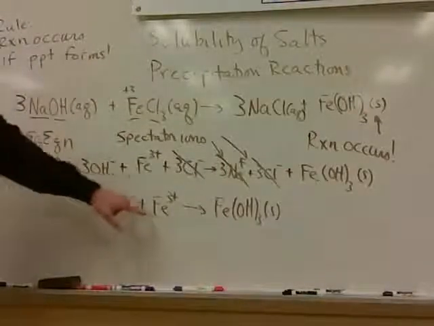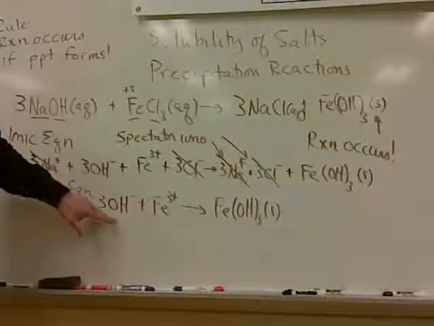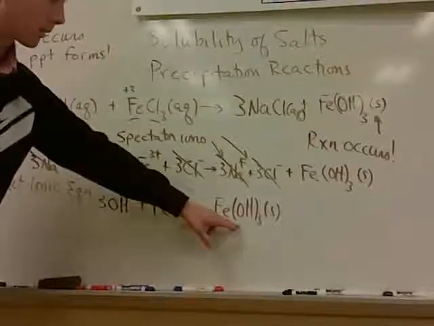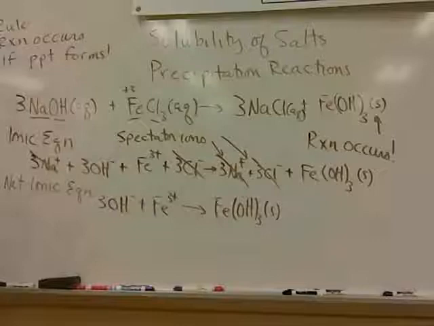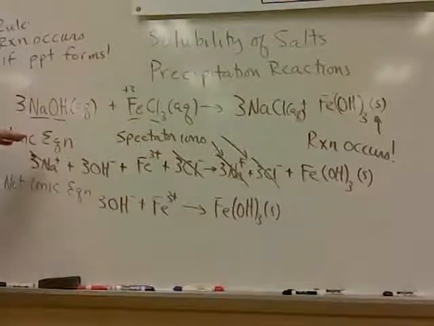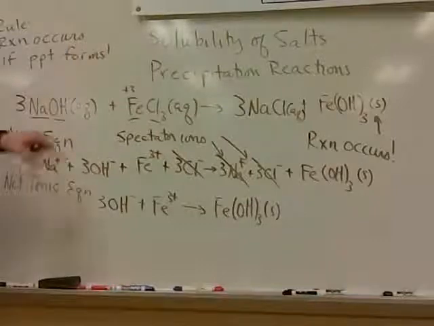These are really the only ions that are reacting. When they react, they come together to form this precipitate. And thus we call this the net ionic equation. Okay? So be able to write an ionic equation, be able to write the net ionic equation, and be able to identify spectator ions in these kinds of reactions.